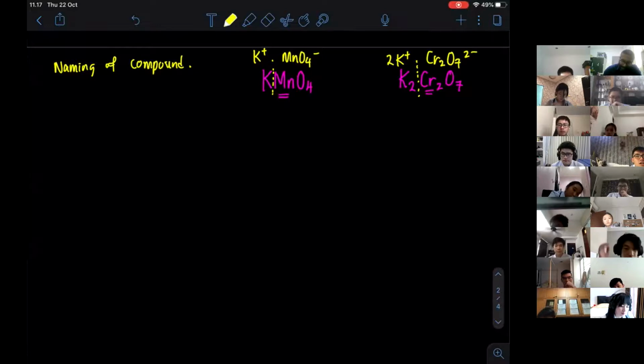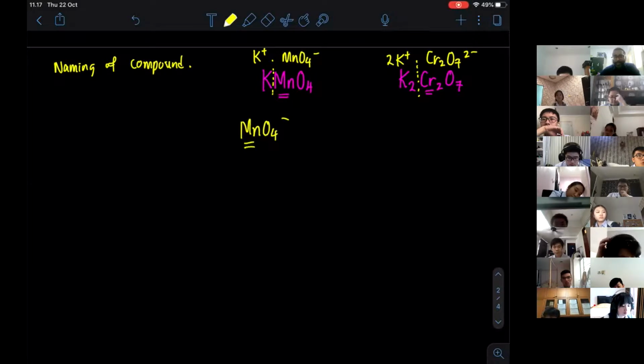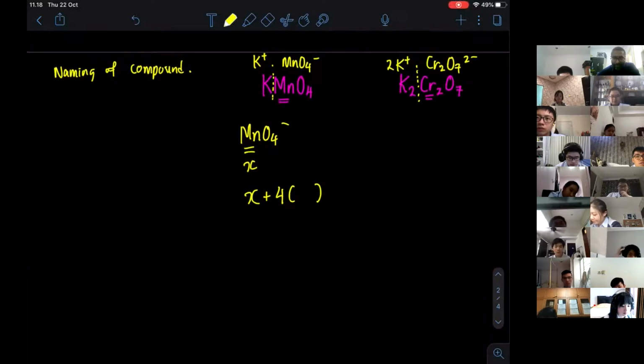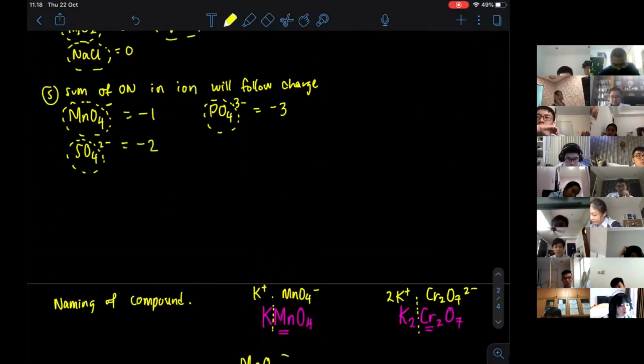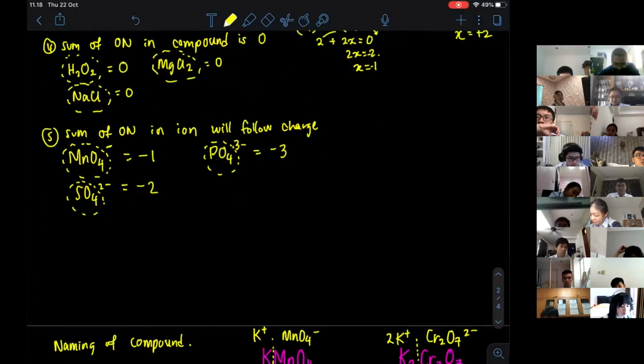Okay, I separate this one, so I want to calculate Mn in this. I want to calculate the oxidation number of Mn. I put X. So X plus 4 times what? Oxygen. Always what, Michael? Oxidation number is -2.